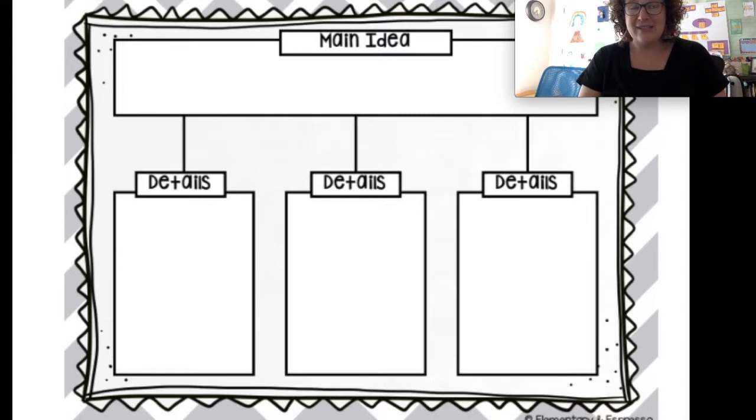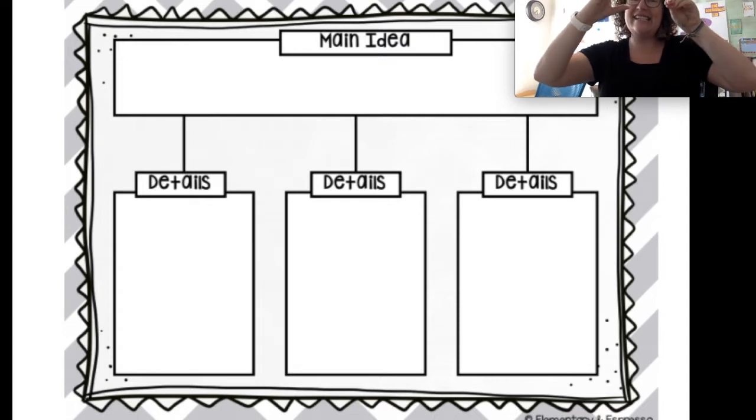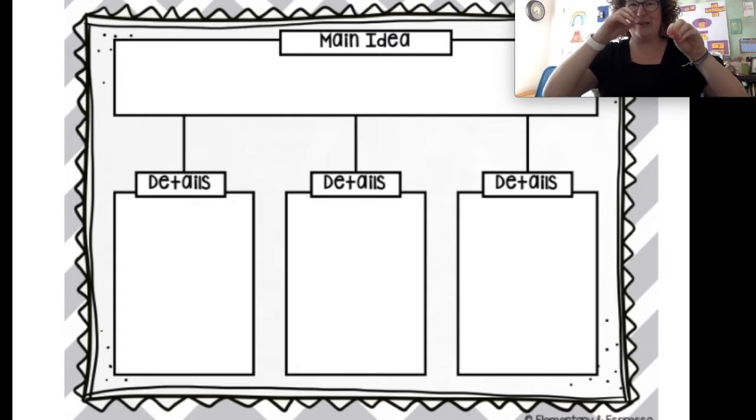When we are using a thinking map, because good readers think about what they're reading, one of the thinking maps we can use is a tree map, because we can put that main idea up at the top of the tree map, just like our rain cloud, and then the details can be the raindrops or the branches of our tree map.